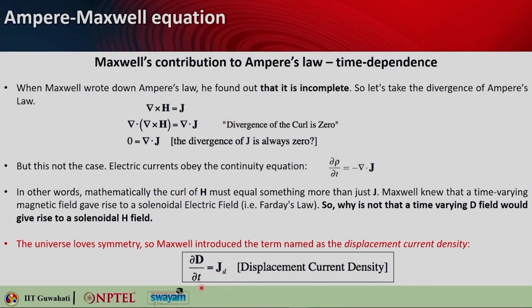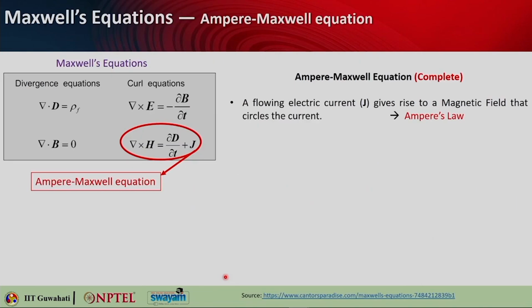So ∂D/∂t is the rate of change in electric flux density, and that is given as displacement current density. When you add that term to this current density, this equation is complete. Then it will be able to explain all the phenomena in electrostatics as well as electrodynamics.